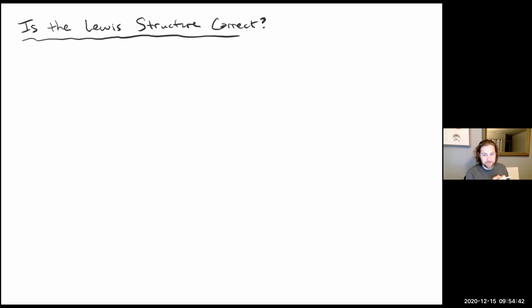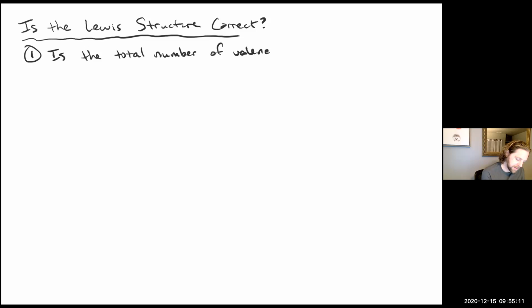But let's go through and look at some more complicated structures and ask the question, how do we know when this is correct? And there's two main things that you need to check right now. First thing, is the total number of valence electrons correctly shown?